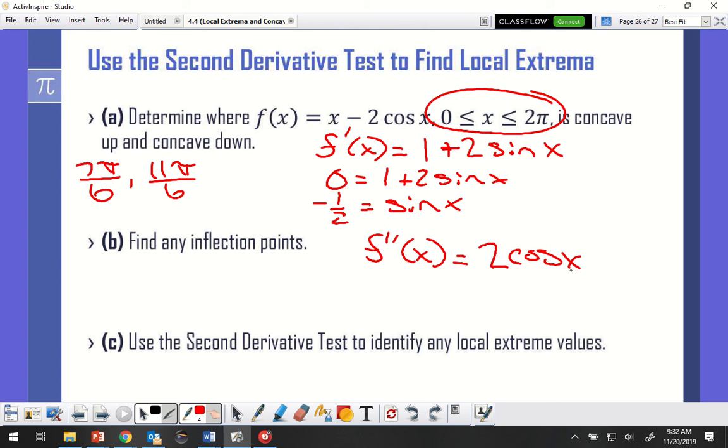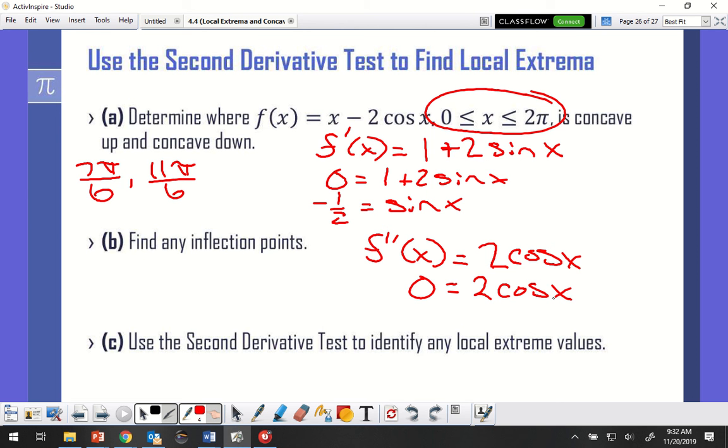Okay, so set that equal to 0. Are there any places where cosine is going to be undefined? No, cosine's not, right? So divide both sides by 2.